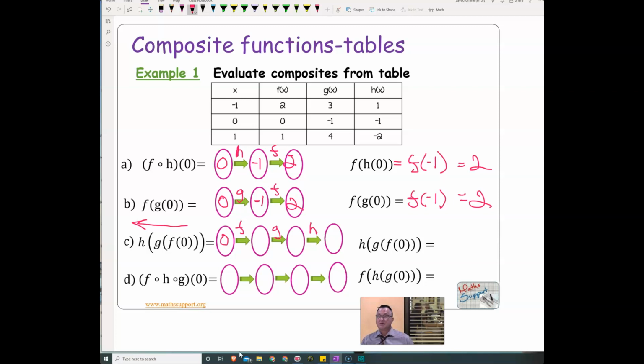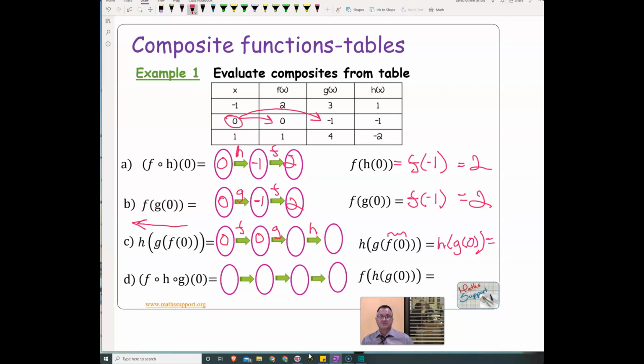So let's see, 0 goes into f, and out comes a 0. So I'm going to replace this part with a 0. Now 0 goes into g, and I get a -1.